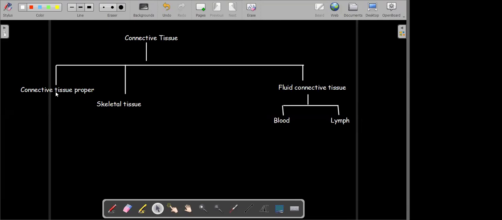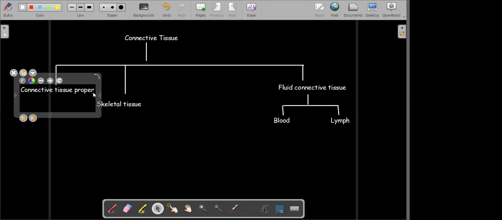Then in the connective tissue proper, we have different types of connective tissue proper. We first list out the different elements of the connective tissue proper.